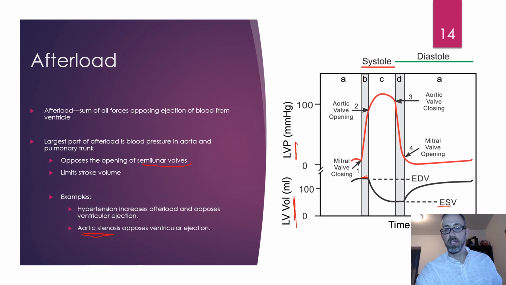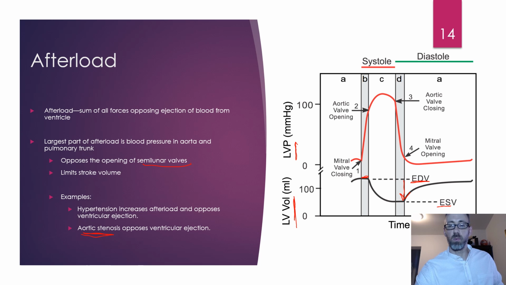Before the ejection, you had the end diastolic volume. The stroke volume is the difference between these two. If you started with 130 mils and at the end you have 60 mils in your ventricle, you ejected 70 mils. 70 mils would be your stroke volume.